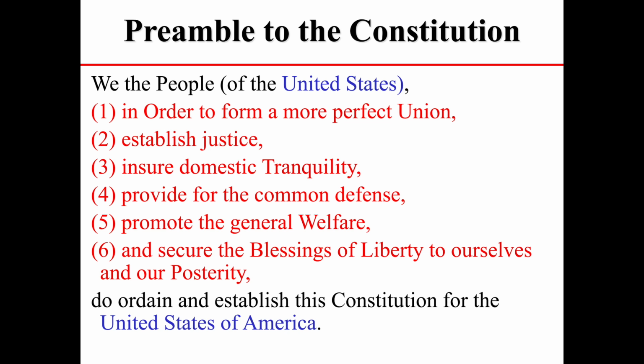That goes to what it was replacing, which were the Articles of Confederation. If you remember, that got them through the American Revolution, but they very quickly found out that it had a lot of imperfections. It was really limited in terms of what it could accomplish. So the goal was to form a more perfect union. And number 2 is to establish justice.